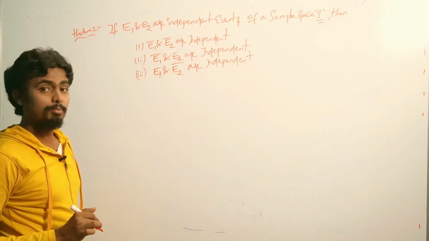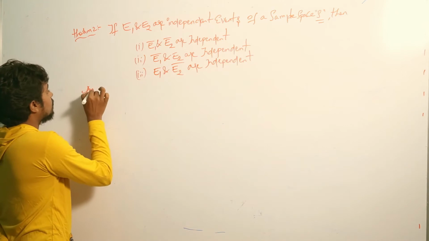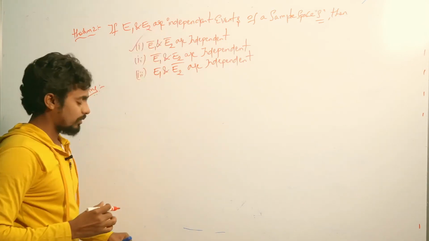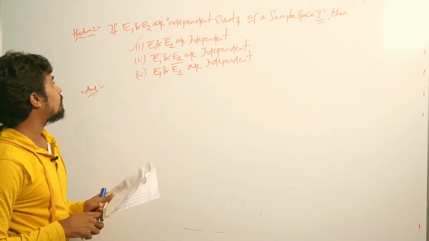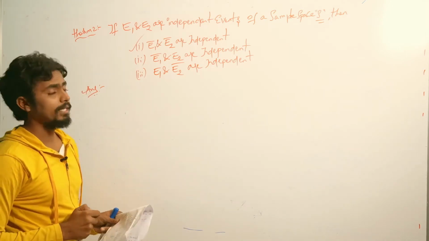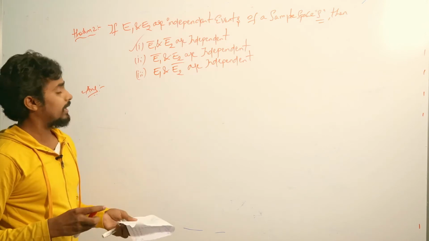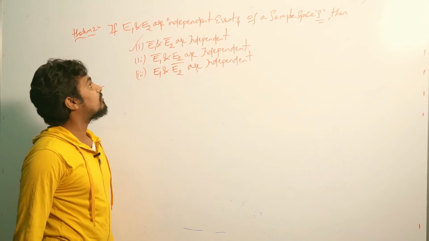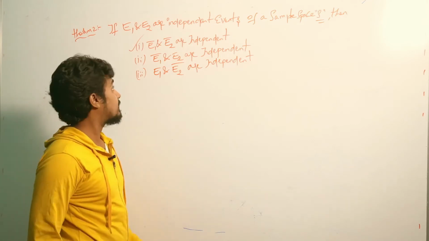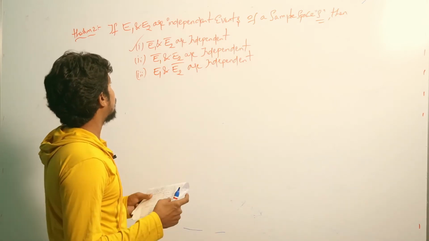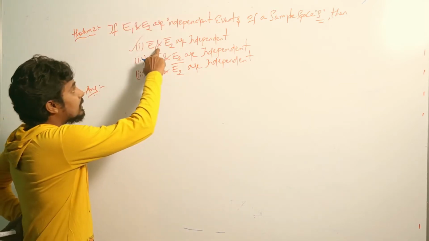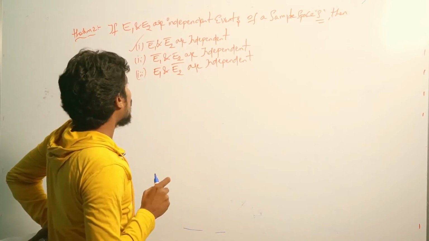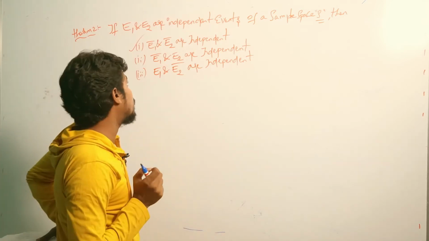Okay, let's see the proof for this. First case, E1 bar and E2 bar are independent. Here also they will be given the two events E1 and E2 of a sample space. If you see the 'and', you have to put the intersection; 'or' means you have to put the union.